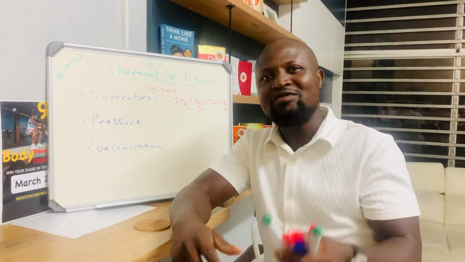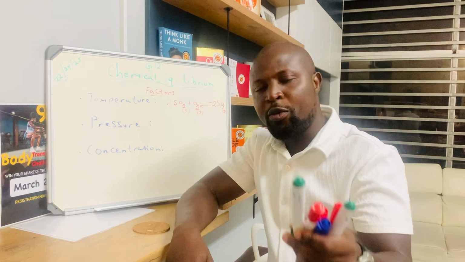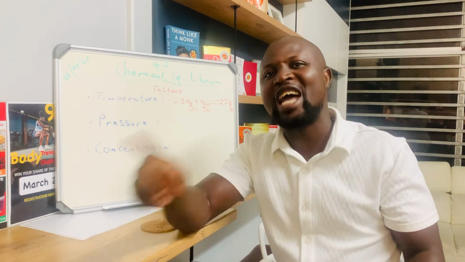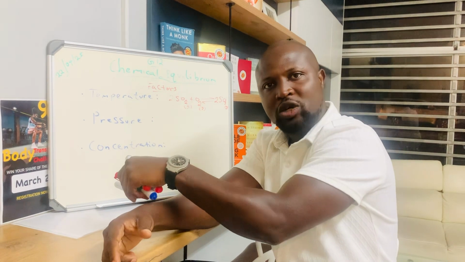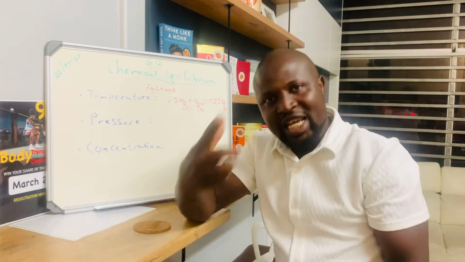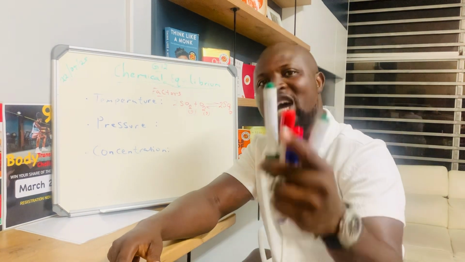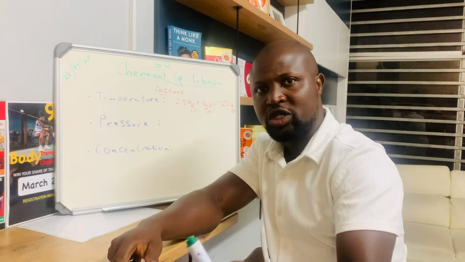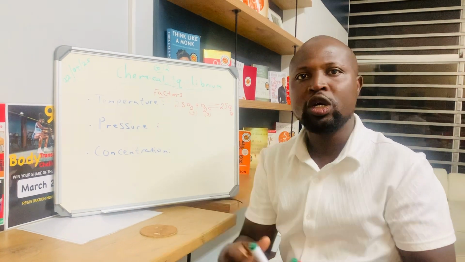If there is an increase in temperature, for instance, Le Chatelier's principle will act to favor the reaction that decreases the temperature. And the same thing with pressure. If there is an increase in pressure, Le Chatelier's principle will act in opposite to favor the reaction that will decrease the pressure. The same thing applies to concentration.